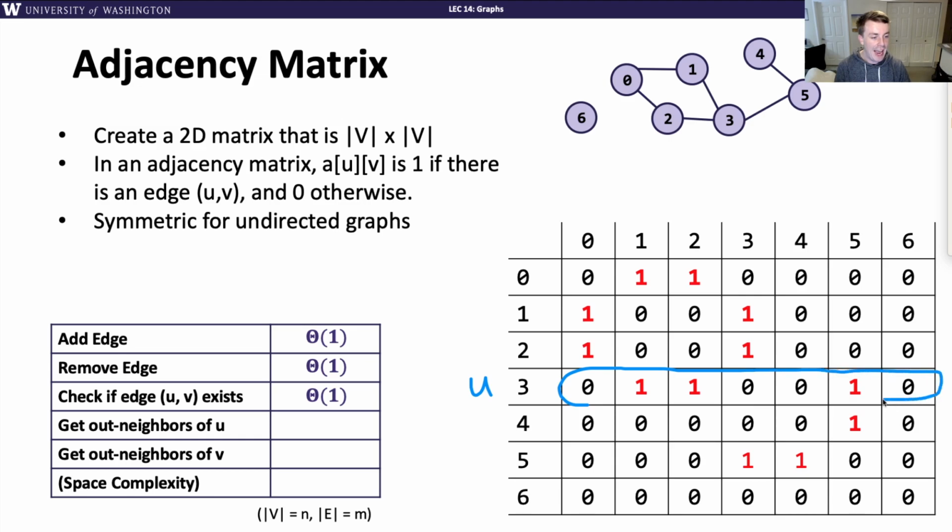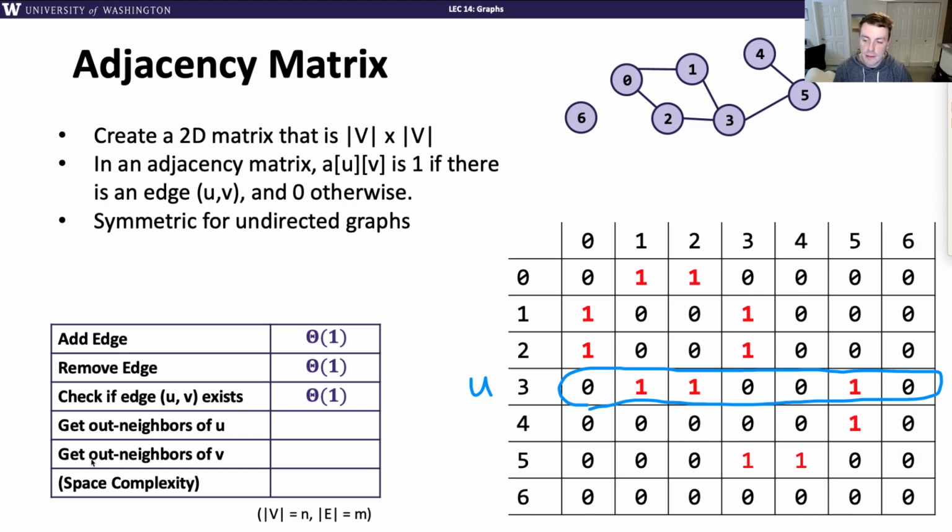And we would find any entry that has a 1 and report back, these are all of the nodes that are out neighbors of U. And again, because this is an undirected graph, the in neighbors are going to be symmetric, but you could imagine a directed graph where the ones aren't going to line up exactly the same.